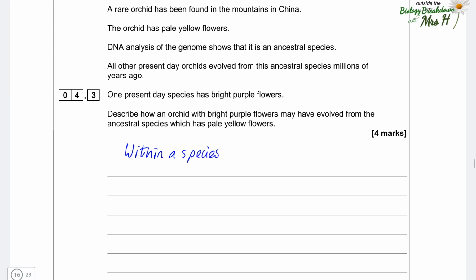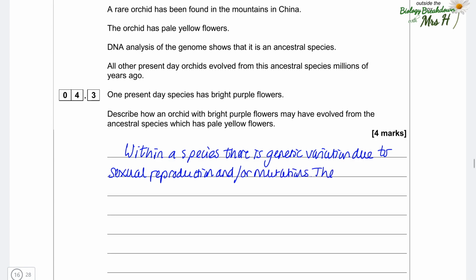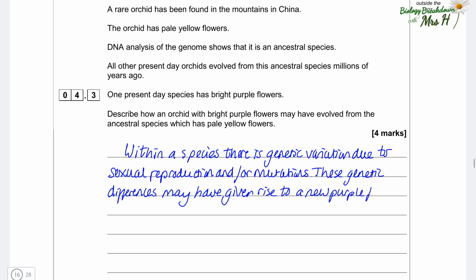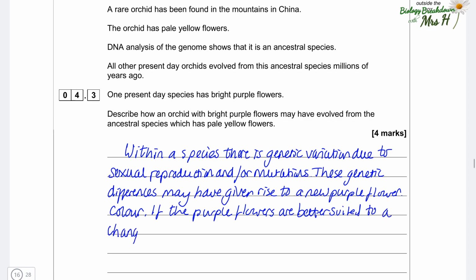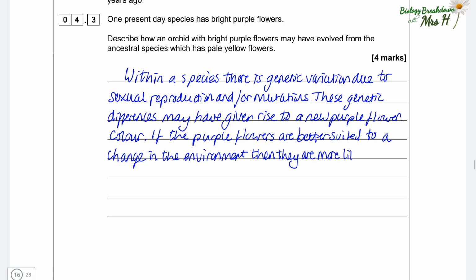Within a species, there is genetic variation due to sexual reproduction and or mutations. These genetic differences may have given rise to a new purple flower colour. Now, if the purple flowers are better suited to a particular environment or a change in the environment, then they're going to be more likely to survive and reproduce.